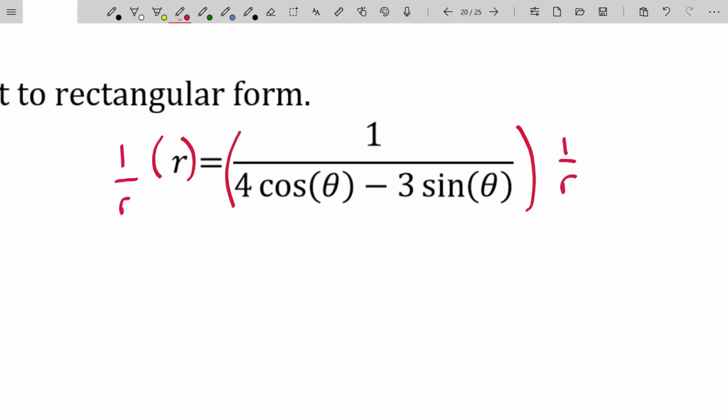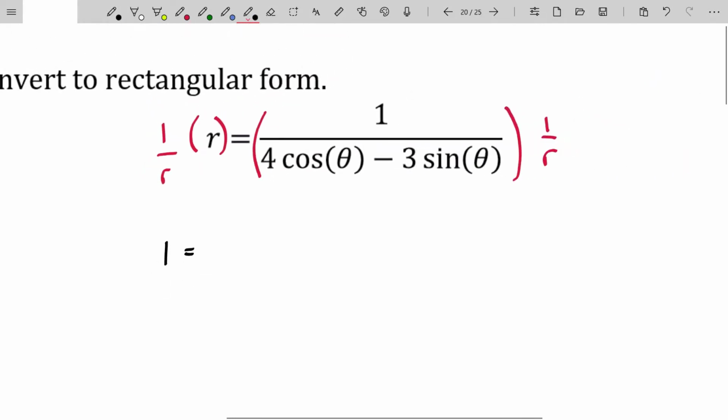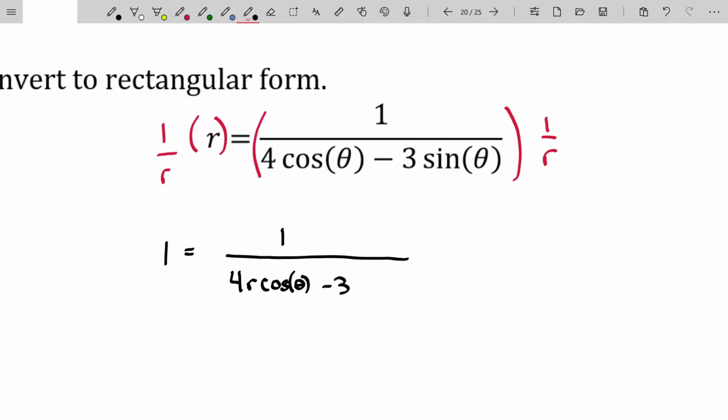That's because it just would work nicer that way. I would be guaranteed to get an r cos and an r sine. On the left-hand side, you'll just get a beautiful number 1. On the right-hand side, distributing that r, you get 1 over 4r cosine of theta minus 3r sine of theta.